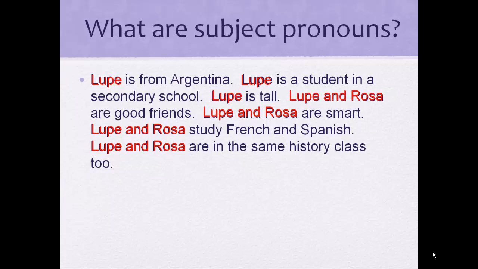Once you've told us that it's Lupe you're talking about, you can go on to use the word she. That's a subject pronoun. And then she again. And the only time you switch back to a regular subject is when you change it from the previous discussion. So now we switch to Lupe and Rosa, and what's the word we're going to use for the rest of the Lupe and Rosas in our story?